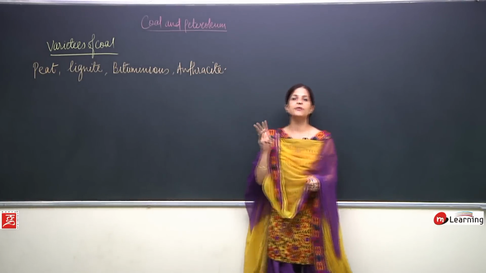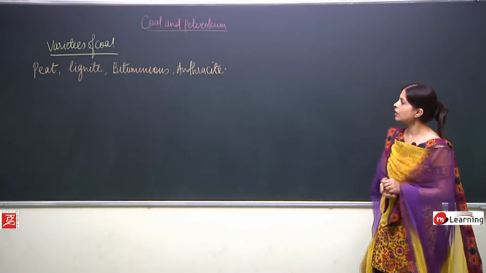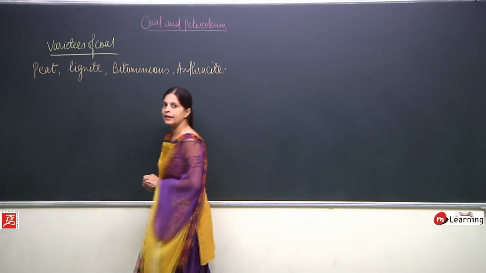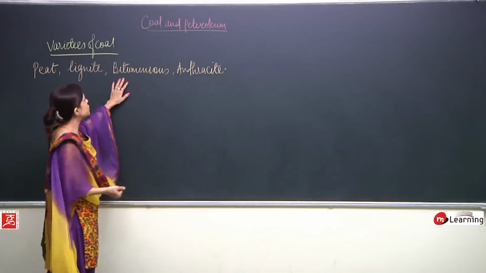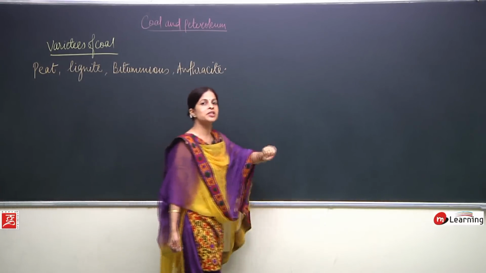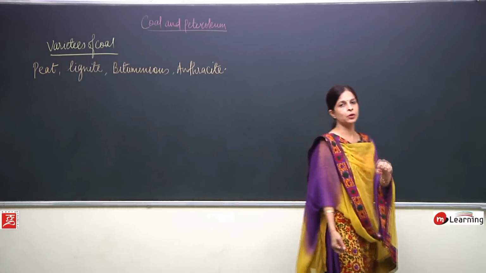See, I have written four things on the blackboard. What are the four things? Peat, lignite, bituminous and anthracite. These are the four major varieties of coal.